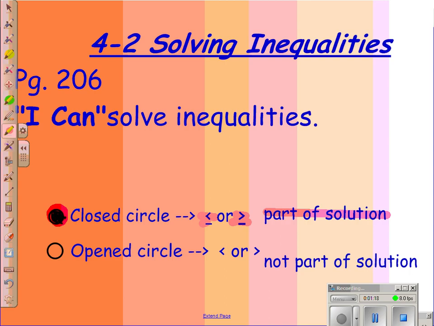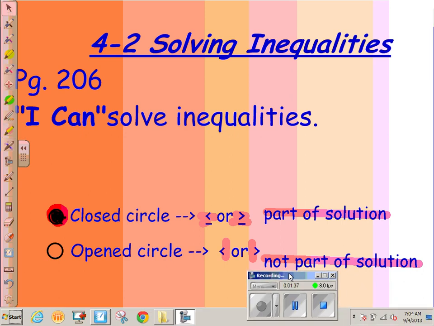If it's an open circle, then that stands for less than or greater than, and that means that the number is not part of the solution. In other words, every number leading up to it, but that number is not part of the solution. So those are just a couple of reminders as we start to graph.